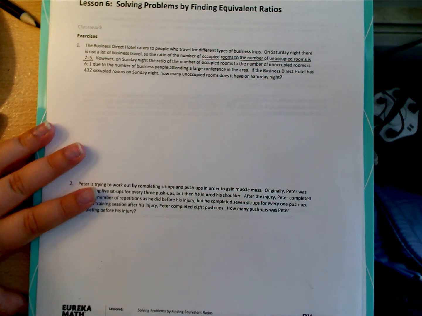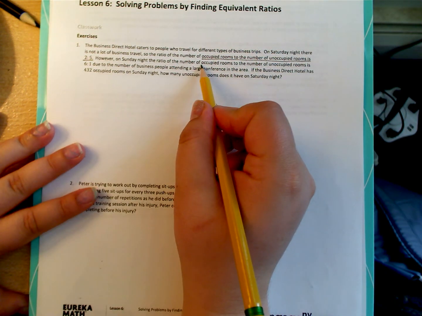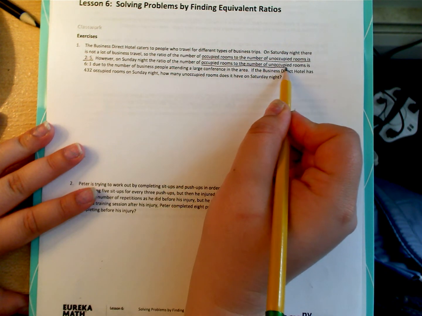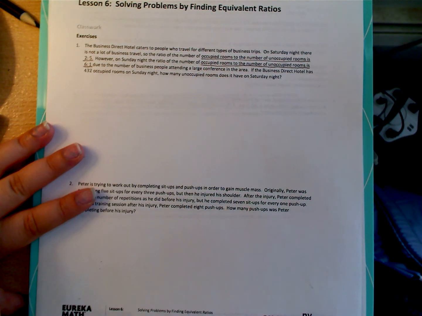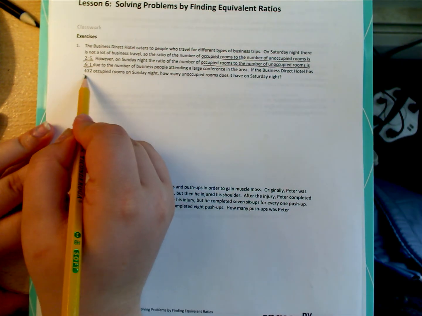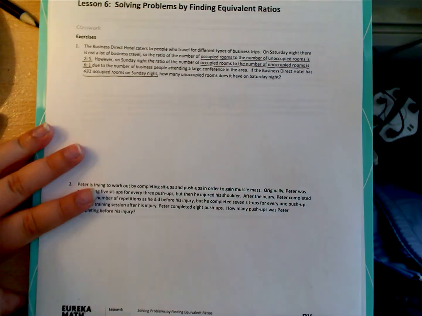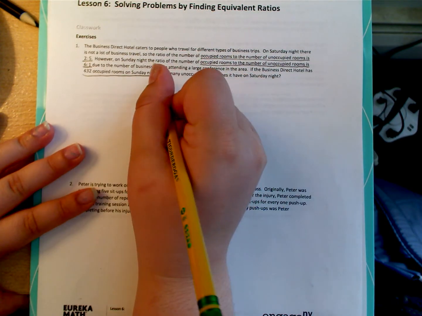However, on Sunday night, the ratio of the number of occupied rooms to the number of unoccupied rooms is 6 to 1, due to the number of business people attending a large conference in the area. If the business district hotel has 432 occupied rooms on Sunday night, how many unoccupied rooms does it have on Saturday night?